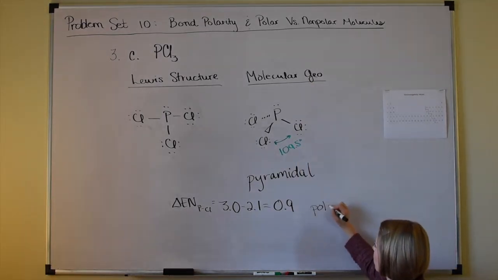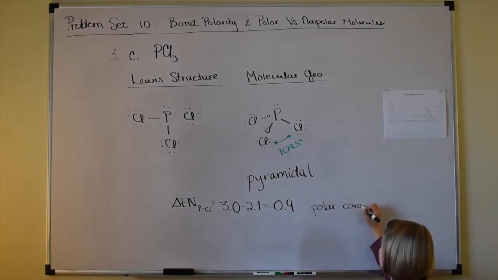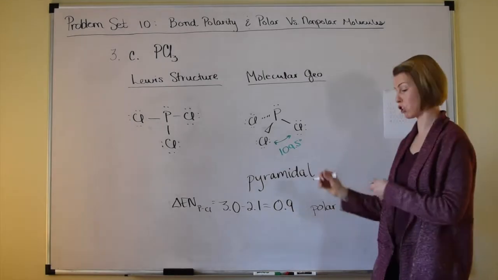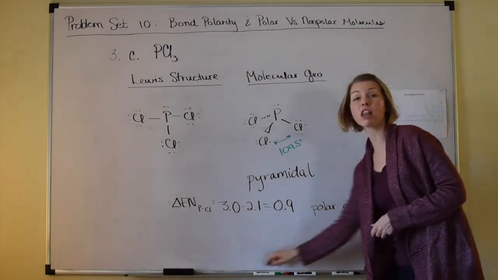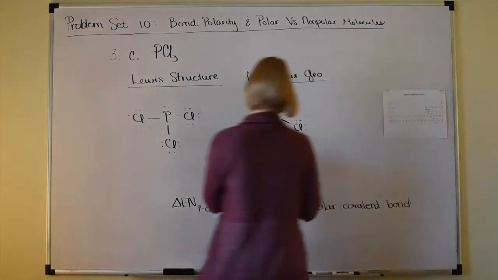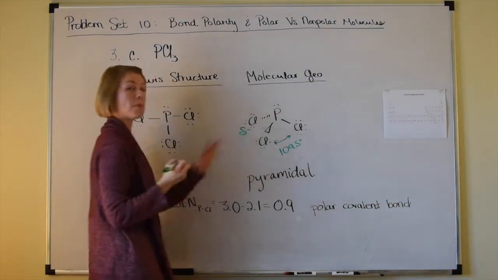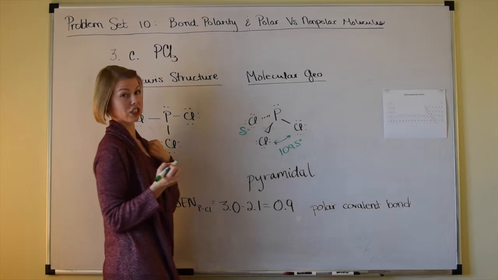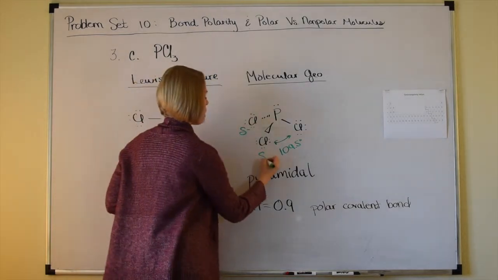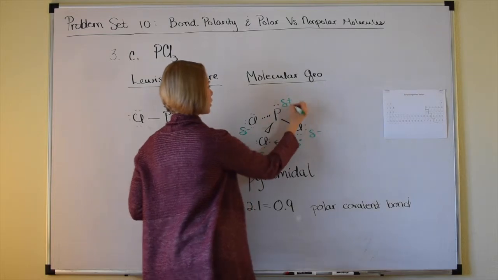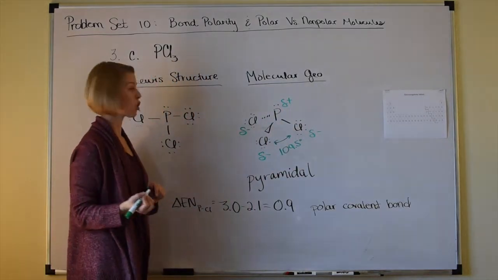So this is a polar covalent bond. That means that we have partial positive and partial negative charge buildup within this molecule. And because our chlorine is the more electronegative, it's better at pulling the electron density to itself. The chlorines are all going to have partial negative charge, leaving our phosphorus partial positive in charge.